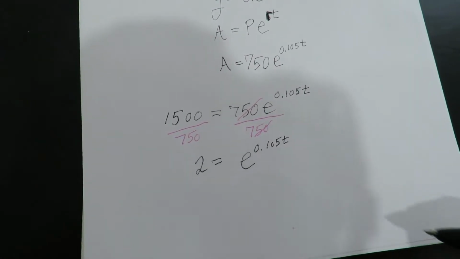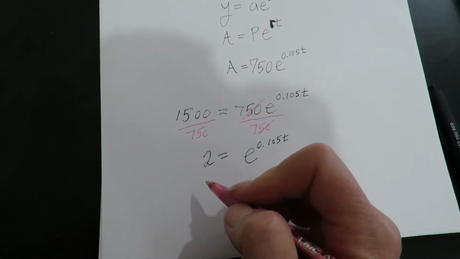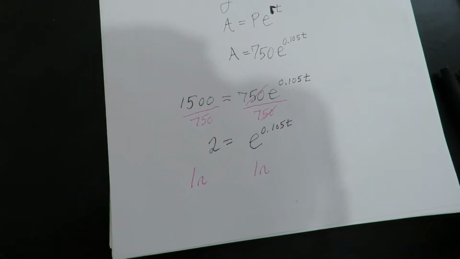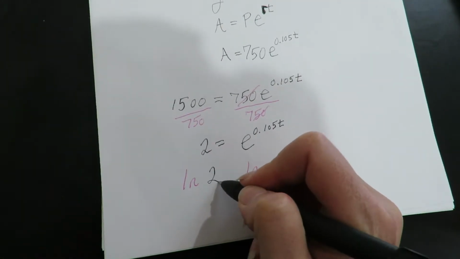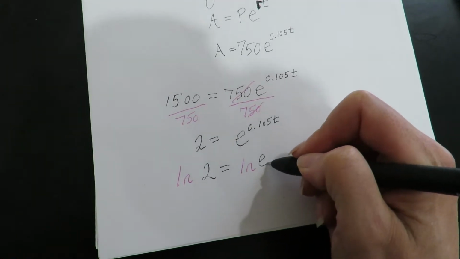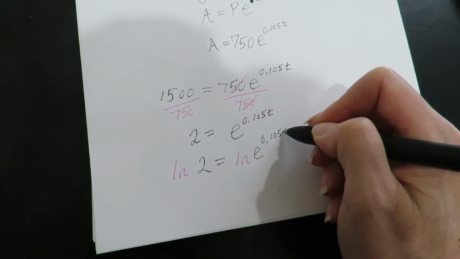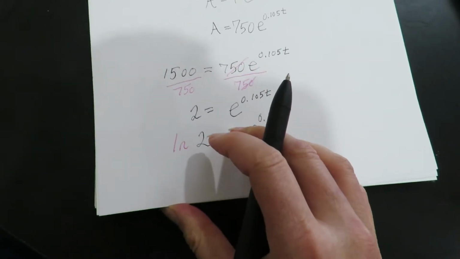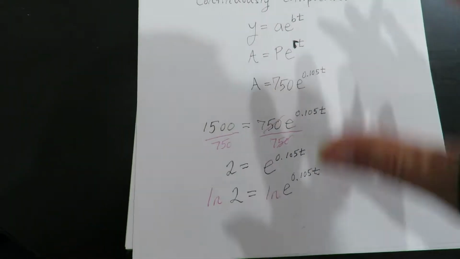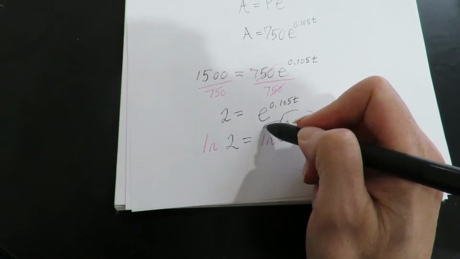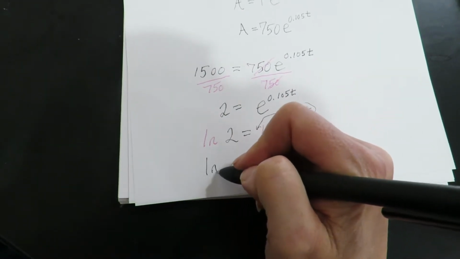And this is base e, so we can take the natural log to both sides. If we use our logarithmic properties, we can bring the exponent down in front. So we'll bring this down in front.